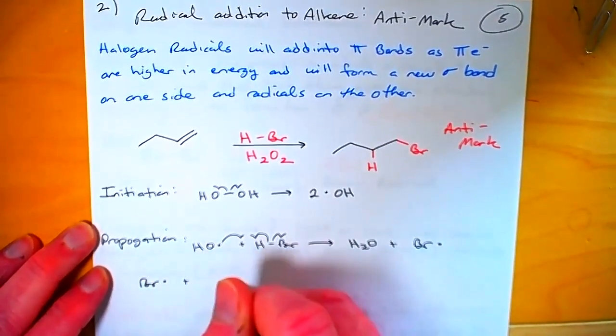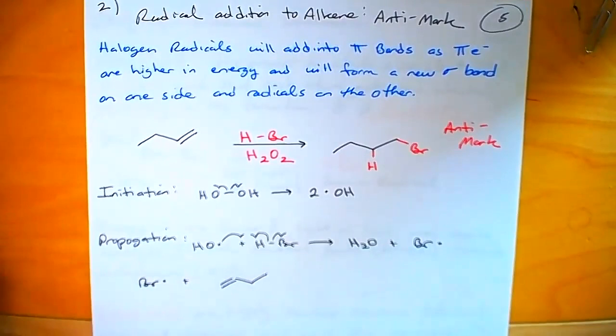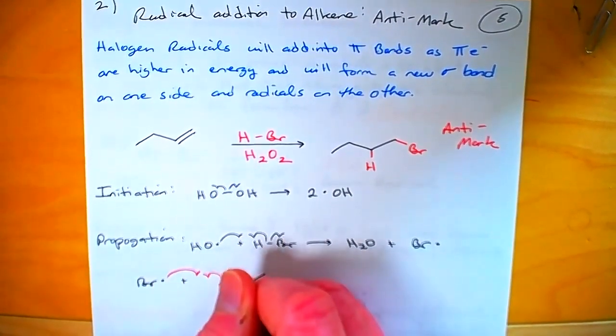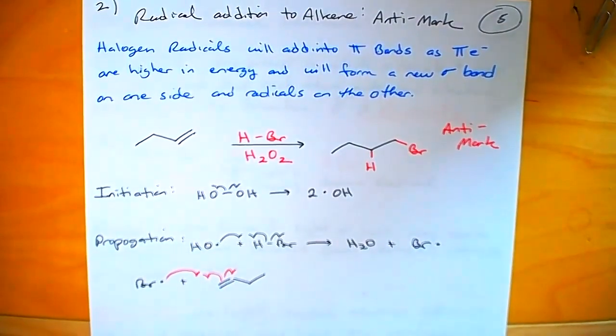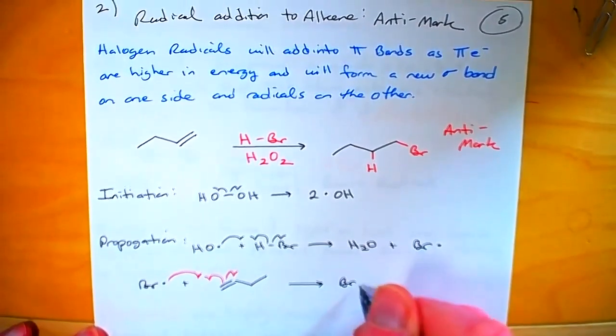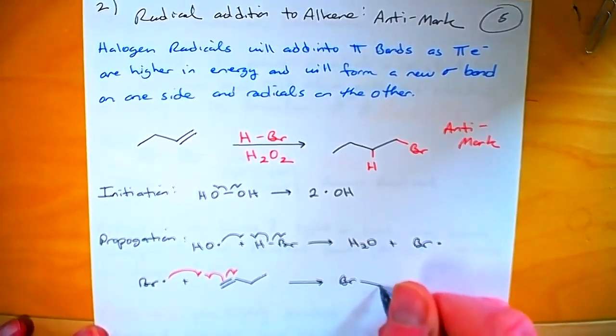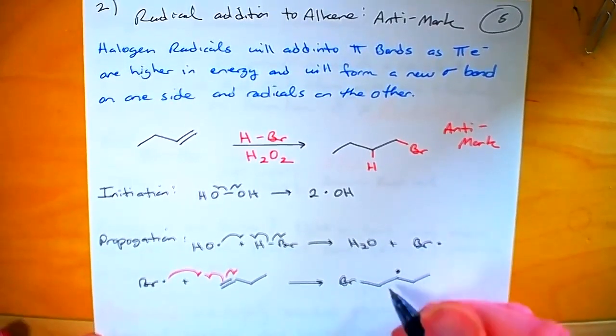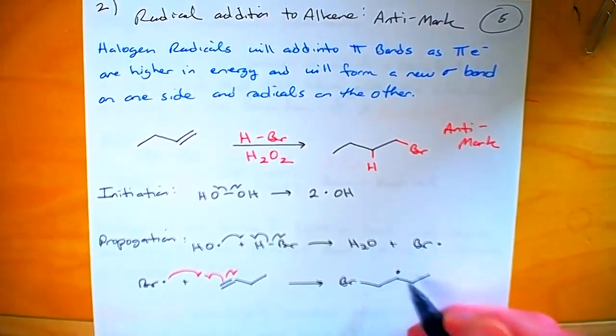Bromine radical can add into the pi bond, and it's going to want to add on the end so that you get a more substituted radical. So in other words, the radical ends up being here at this position as opposed to being on the other position.